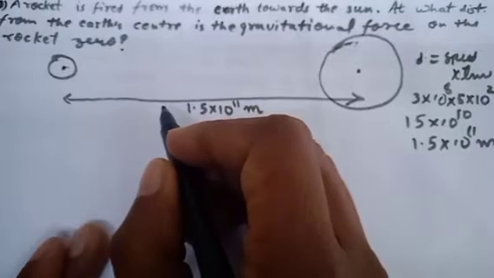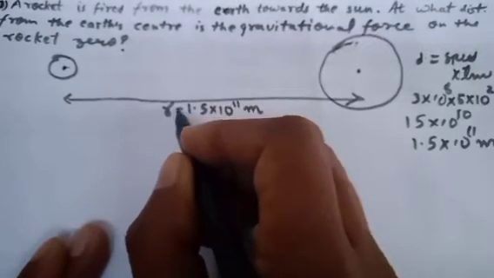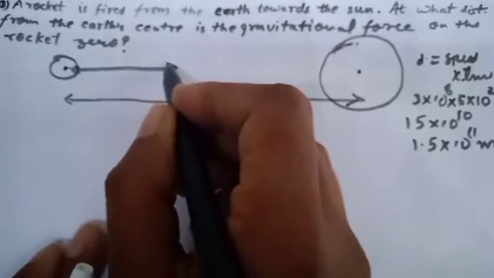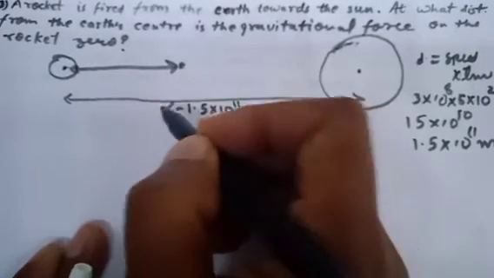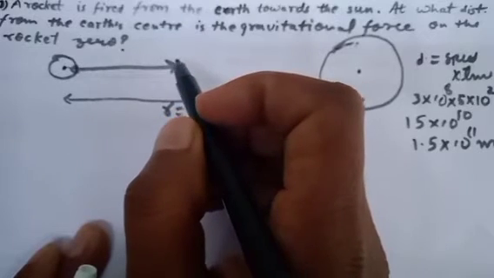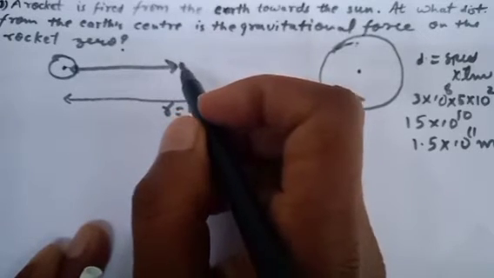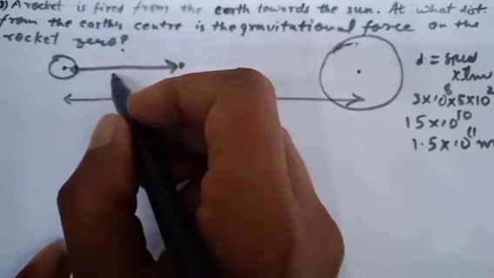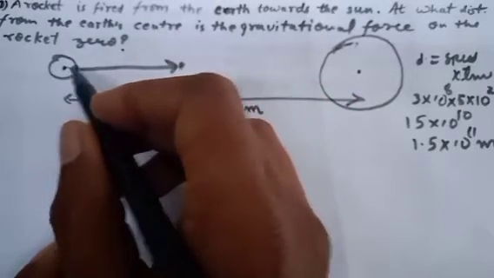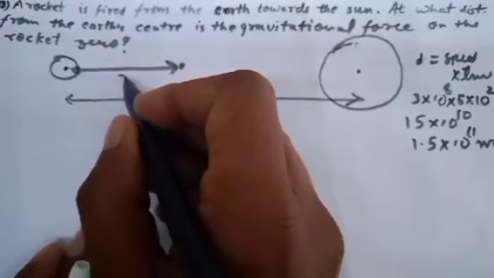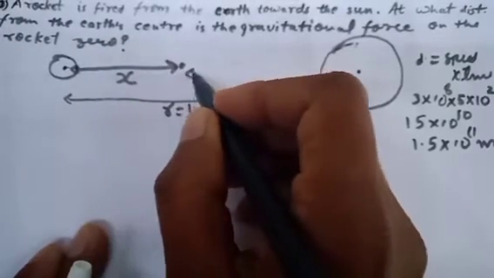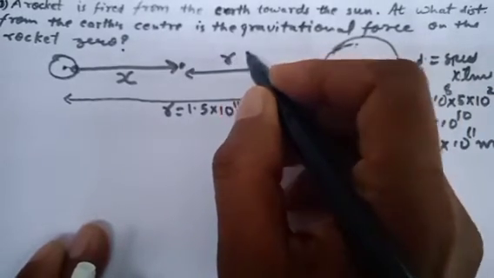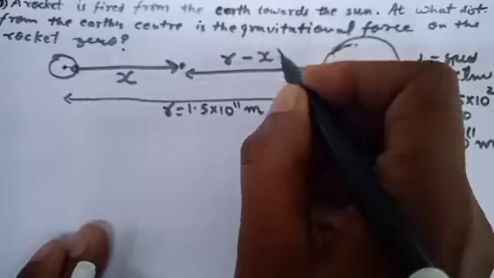I am going to write it R. And let us suppose here, when the rocket is here, the gravitational force acting on it is 0. How? I will tell you later. So from here to here, let us suppose this distance is x. So the remaining distance is r minus x.